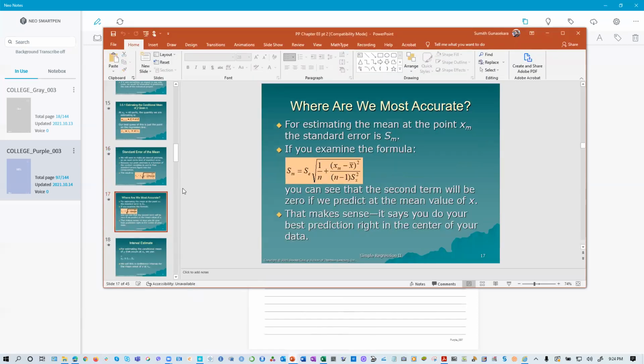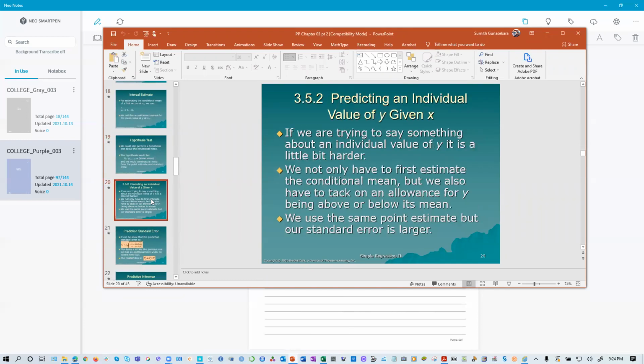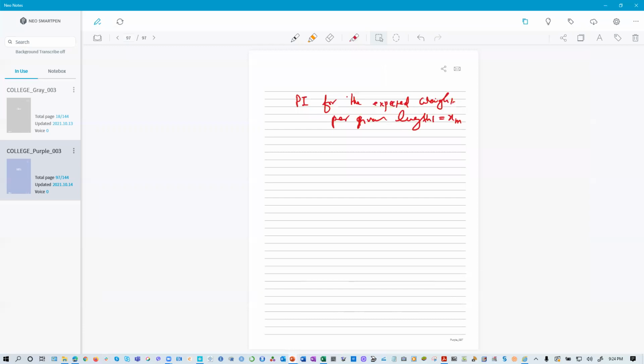Now they go to the prediction. Actually, not the expected one. It should be the prediction interval for the single one.